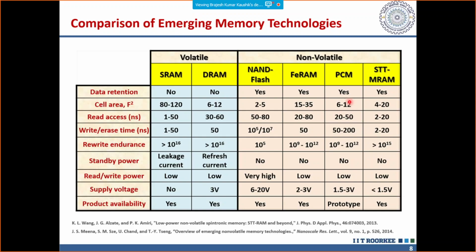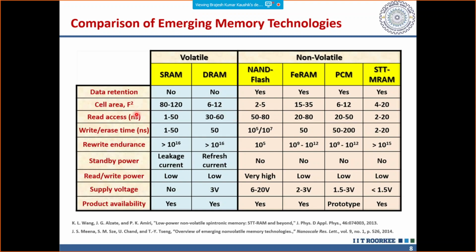Your PCM would have 6 to 12, and your STT-MRAM, which probably is really upcoming, has 4 to 20 F square. If you see, the STT-MRAM is almost overlapping on the lower side of the volatile memories. So this is really useful.